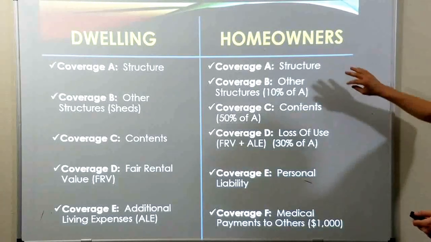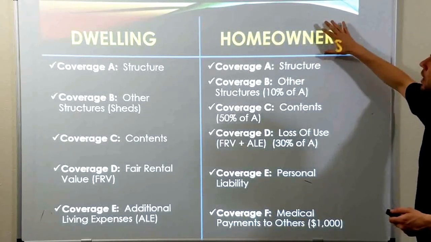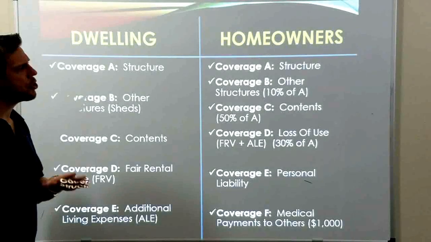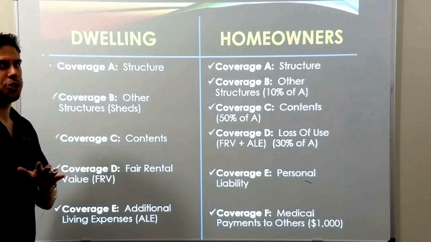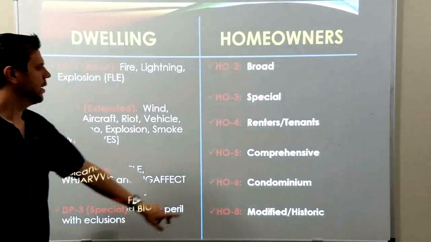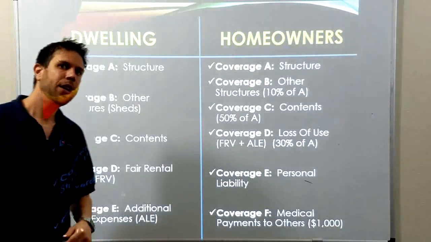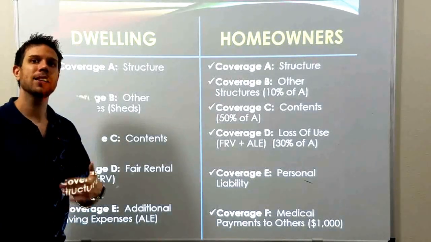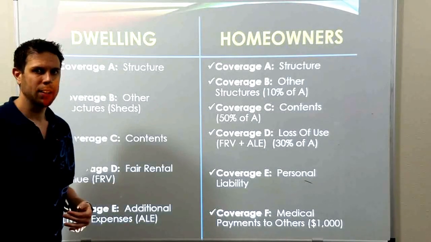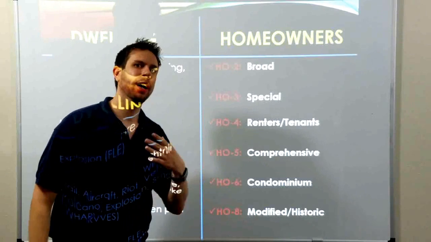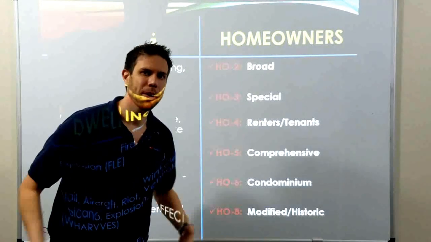What percentage is coverage B of coverage A of a homeowner's policy? That's 10%. Which homeowner's policy would I purchase if I have a condominium? An HO6. Which homeowner's policy is known as contents only? That'd be an HO4 because that's a renter who only needs their stuff covered for.